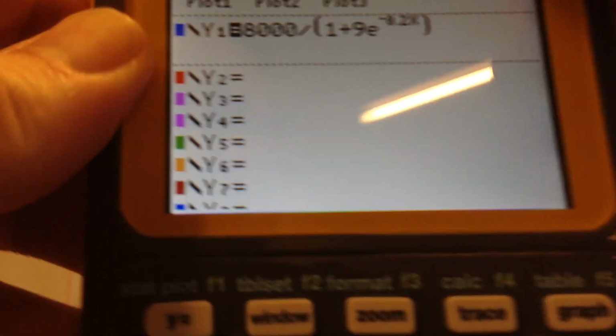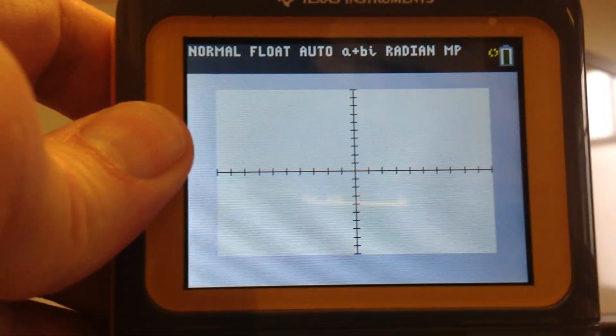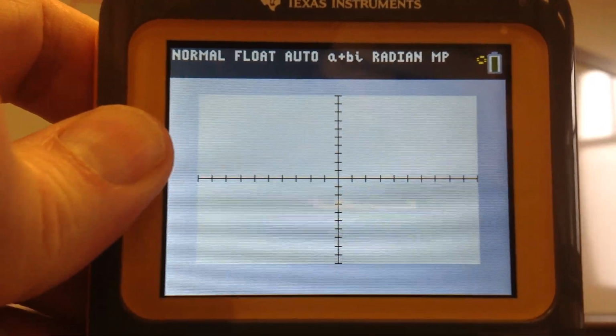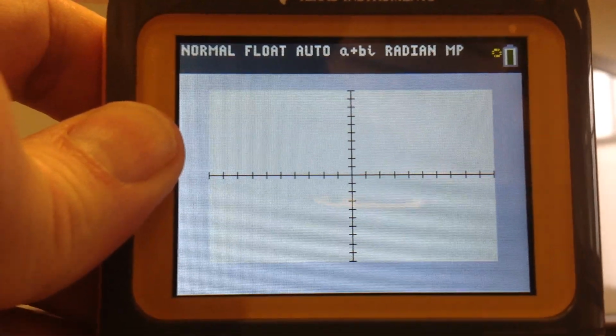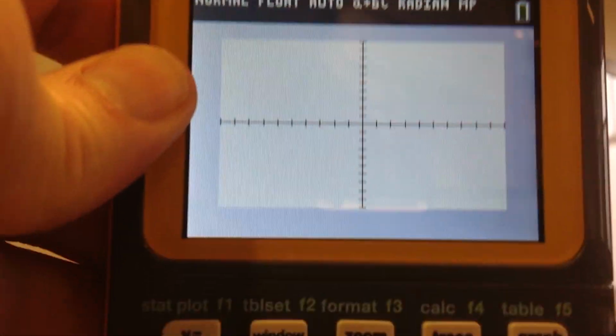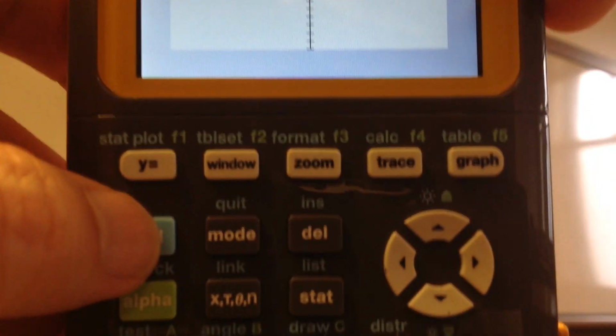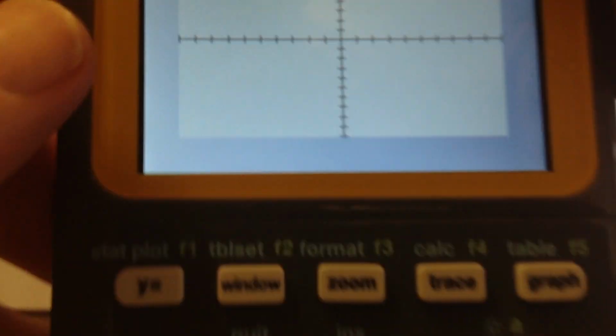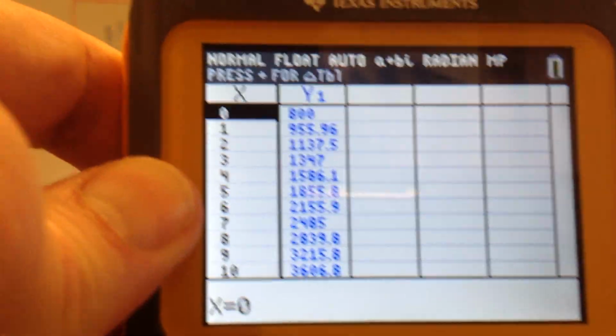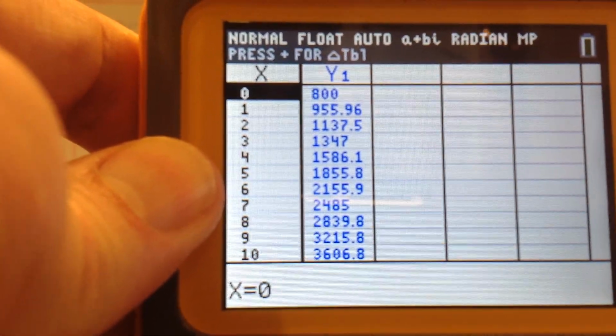Okay, so let's go back to the standard window and see if we can see anything in the graph. No, okay, and I kind of knew that that was going to happen. So let's go into the table. Second graph will show us the table. And let's see here.